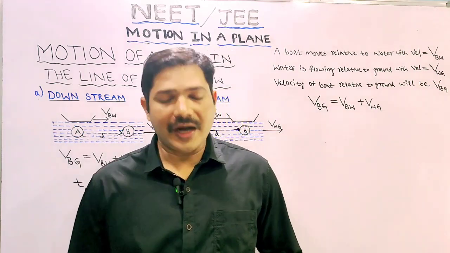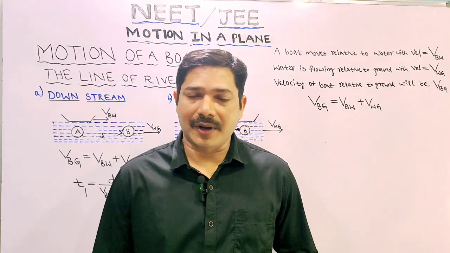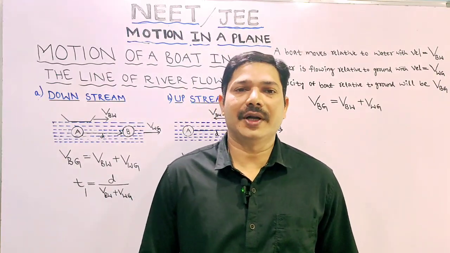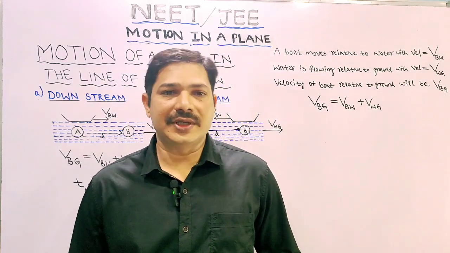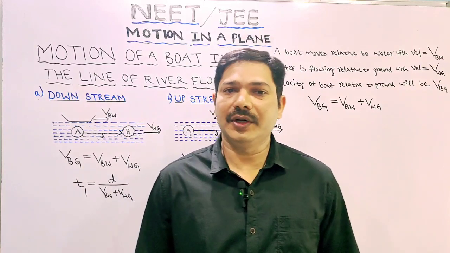Afterwards, part 4 in motion in a plane is the most important topic. Most students get confused in the river boat cases. So today's class we will discuss river boat cases.